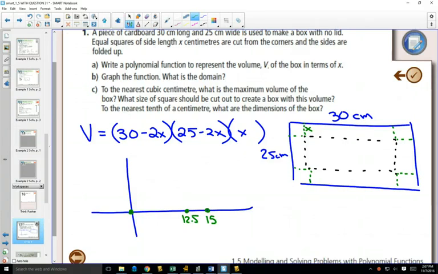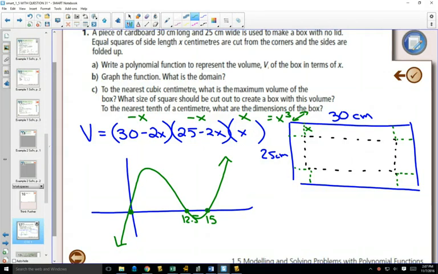If we think about our x's, we have a negative x in our first bracket, a negative x in our second bracket, an x in our third bracket, and that makes an x cubed in total. So an x cubed graph acts like a line as far as end behavior goes. And so we can get an idea of what the graph looks like.